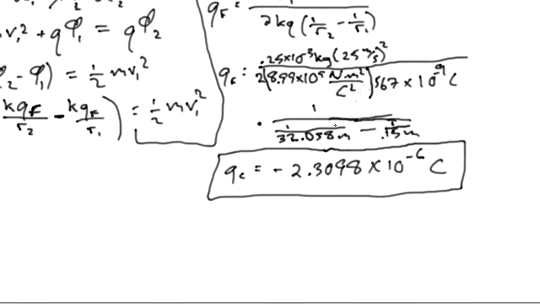I take the reciprocal and get meters, so that cancels out the meters and the coulombs per meter, so I'm just left with coulombs. It's negative, which is what I was expecting, so the things that I can check obviously and quickly work out.